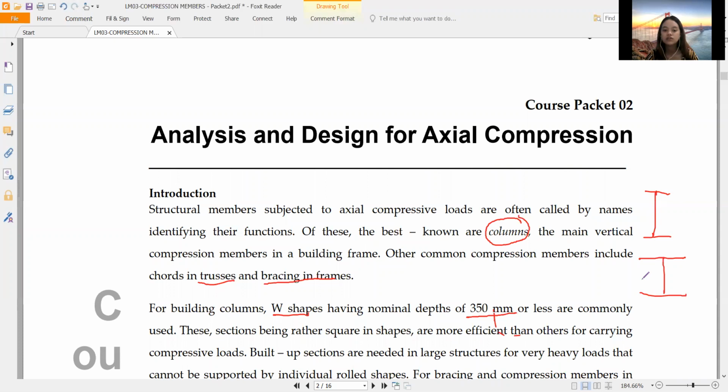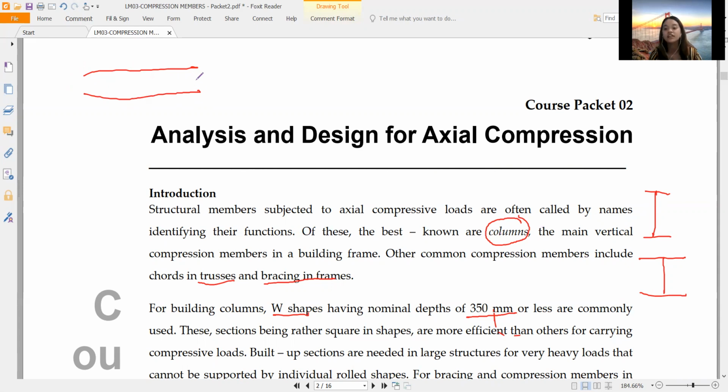Okay? Because what we are more particular with in columns is the area of our section. Kasi yung ating force is applied to the cross-sectional area of our section. Unlike sa beam, yung top view niya, dito natin ina-apply yung force sa buong flange.